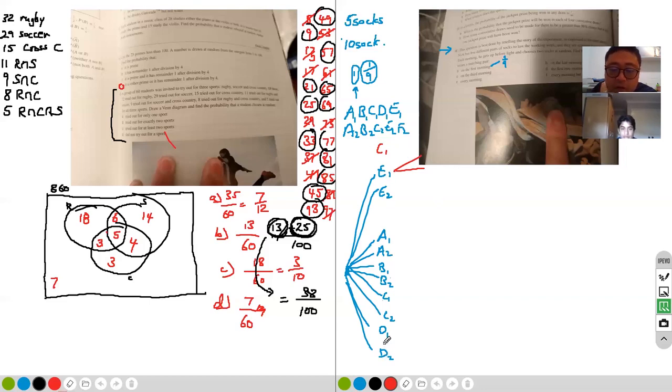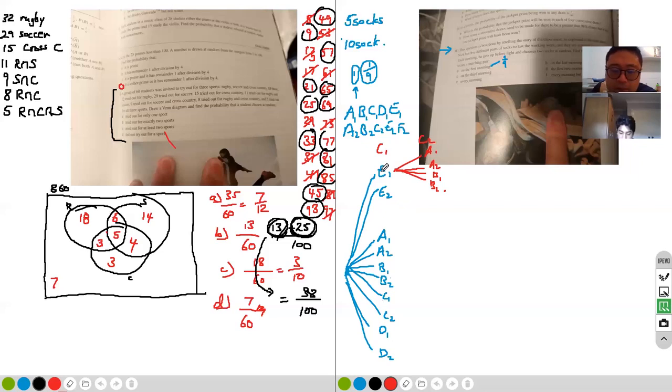The next choice would be from the rest, A1, A2, B1, B2, etcetera, and then you'd have to do that 5 times. Hold on a tick, let me have a look.